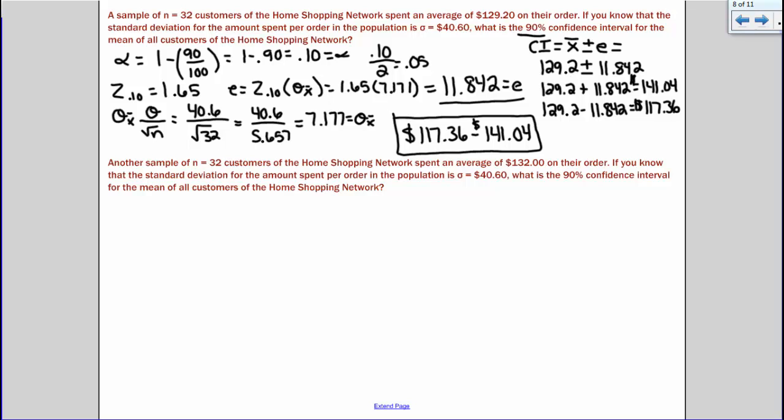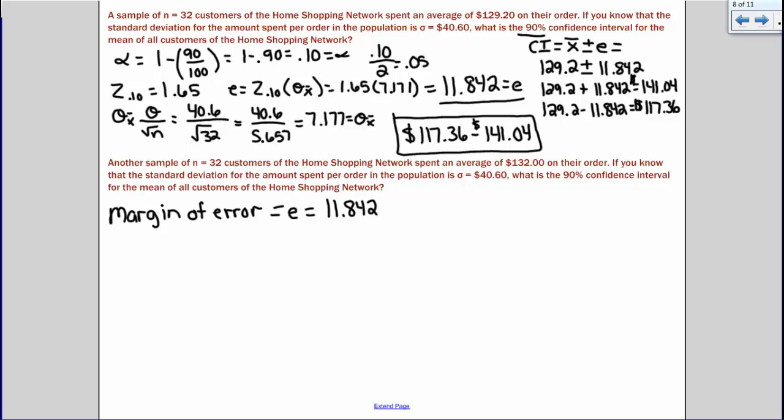But in this case, our margin of error, or our E, is the same because we are still working with the same confidence level, so the same z-score, and the same standard error because we have the same sample size and the same population standard deviation. So our margin of error is still 11.842.